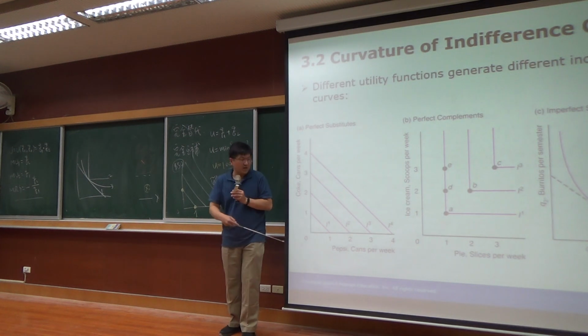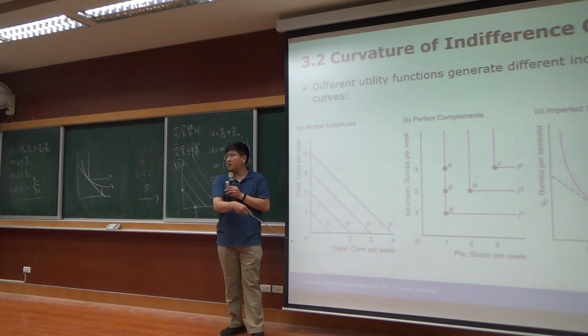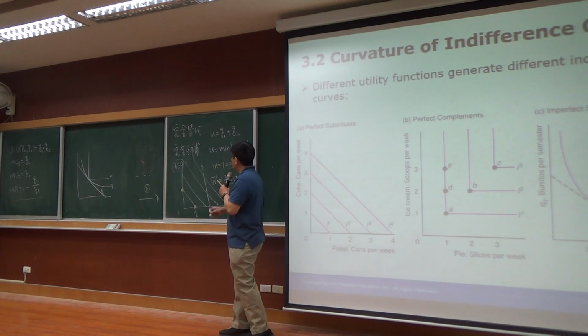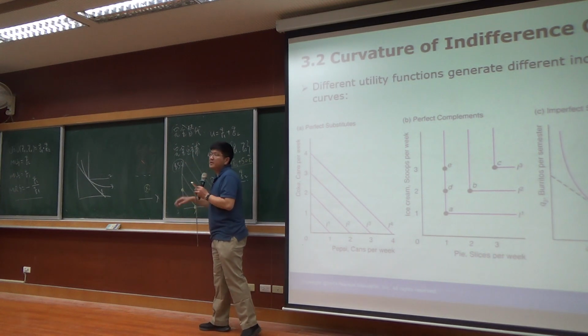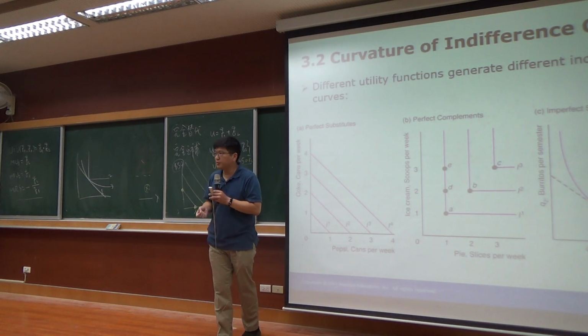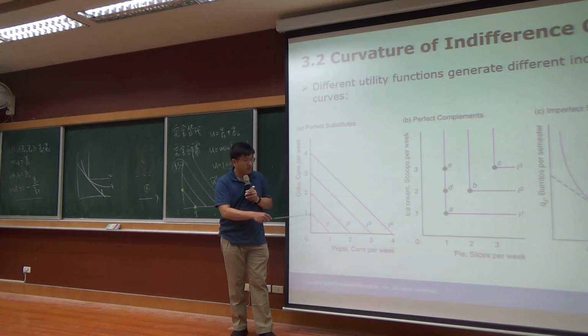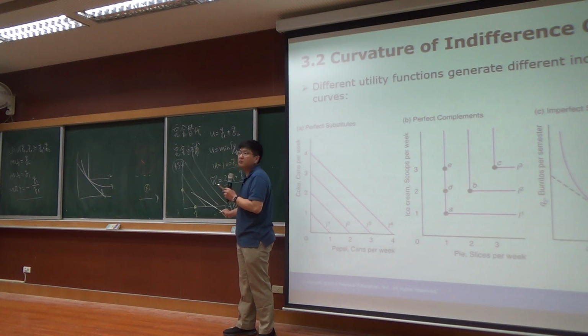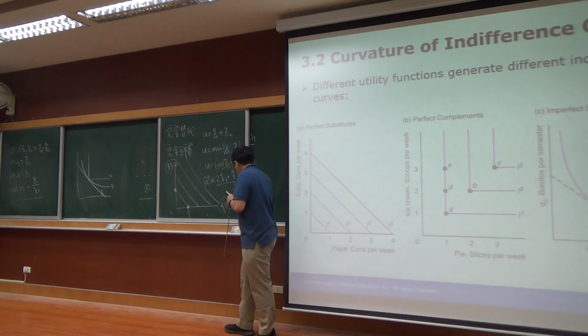So it depends on what you are analyzing, what kind of goods you are analyzing. Both of them are perfect substitutes, but the rate of substitution is different. It's -1, it's -2.